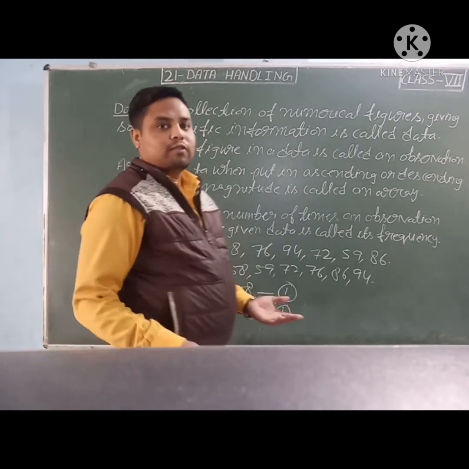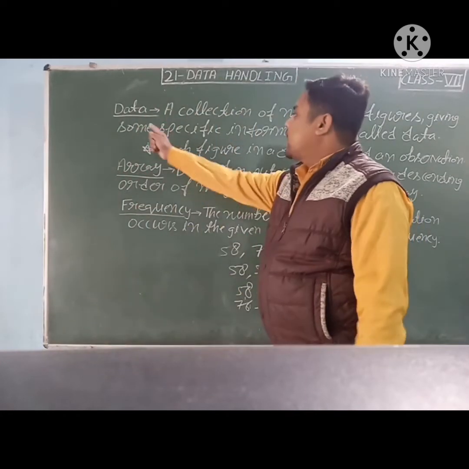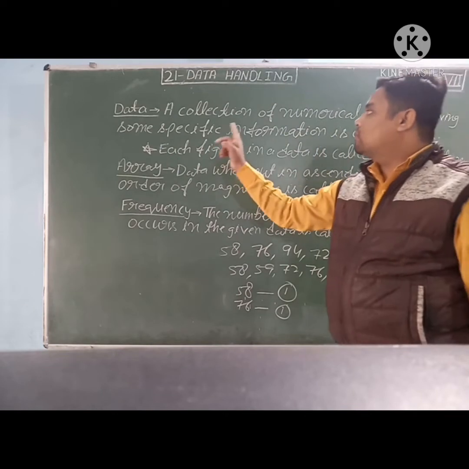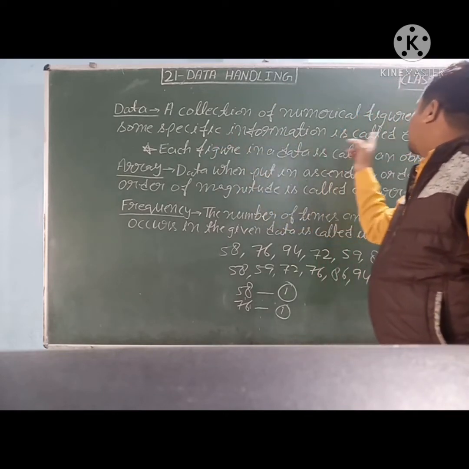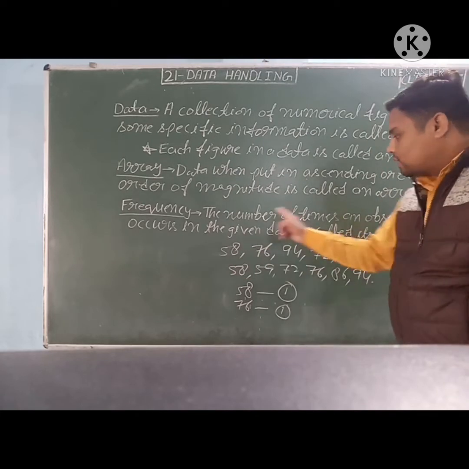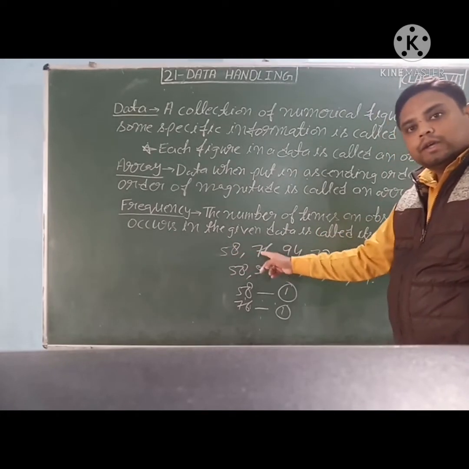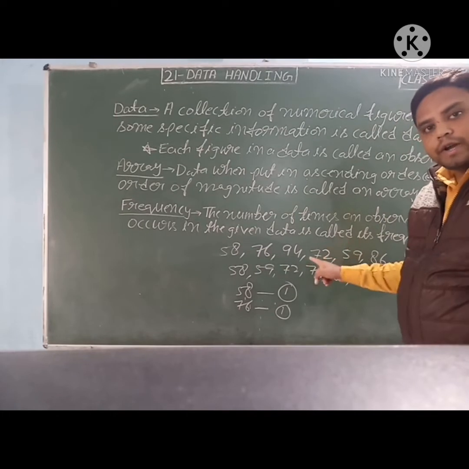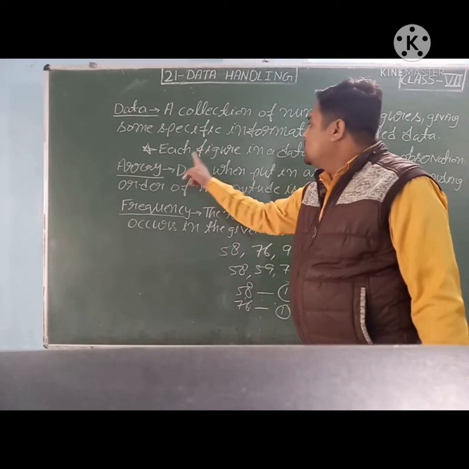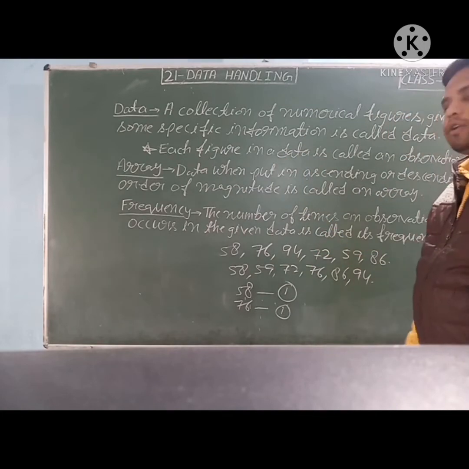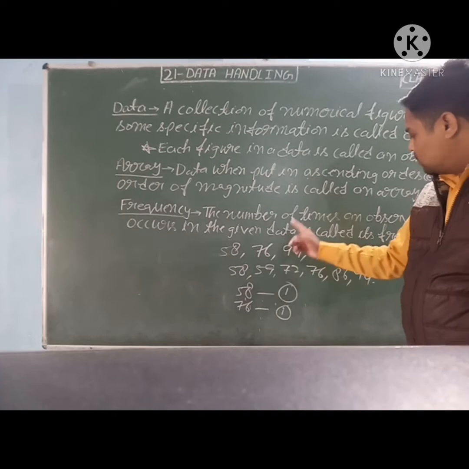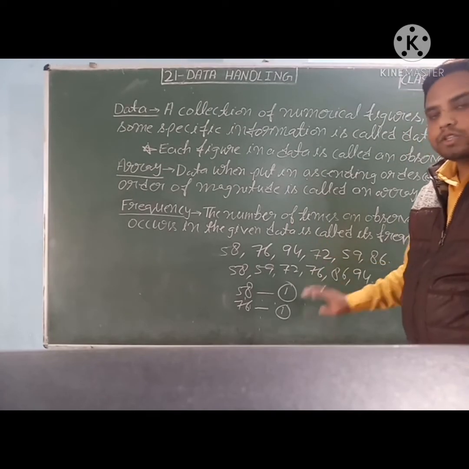So let's revise again. Data: a collection of numerical figures giving some specific information is called the data. So I have written these marks, these are the marks of Mohan in all 6 subjects out of 100, so it is called a data. Second, each figure in a data is called an observation. 94 is an observation, 72 is an observation.